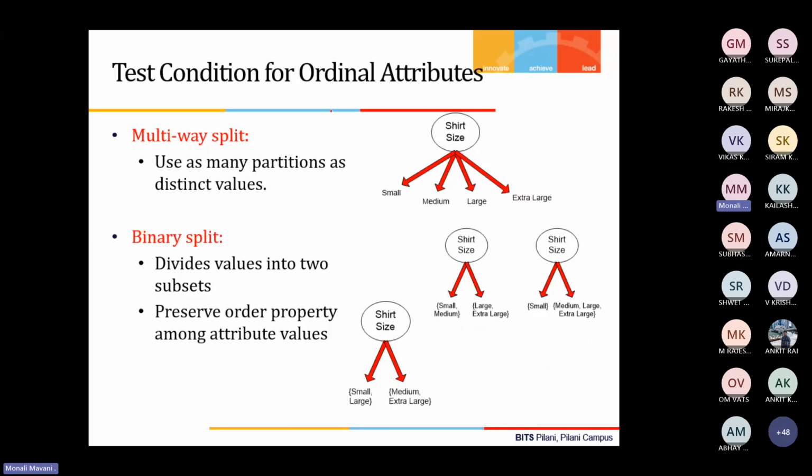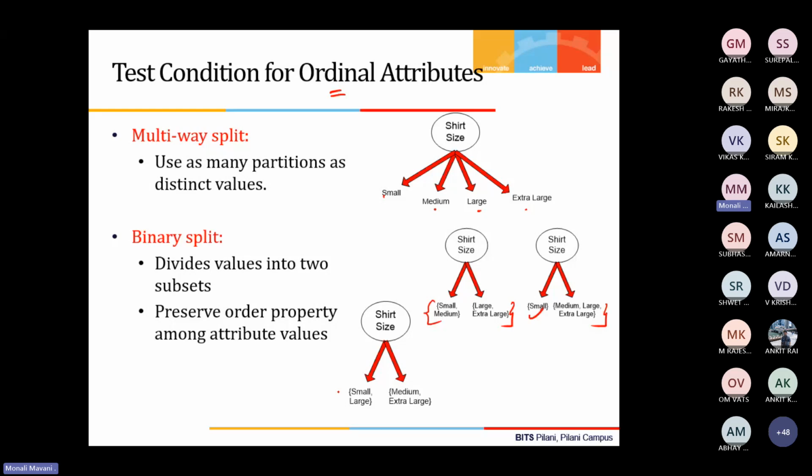But if we have ordinal attributes like small, medium, large, extra large, there are 4 values. I can have 4 multi-way splits, or if I want a binary tree, I can combine values. But which values can be combined? The order should be preserved. Small in one branch and the rest 3 in another branch is okay.